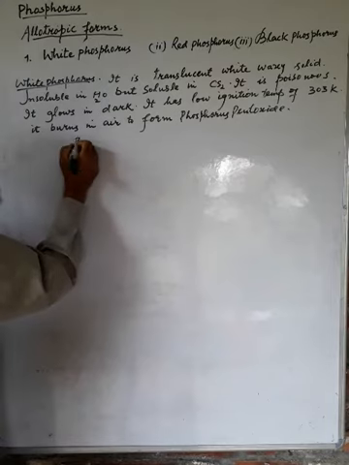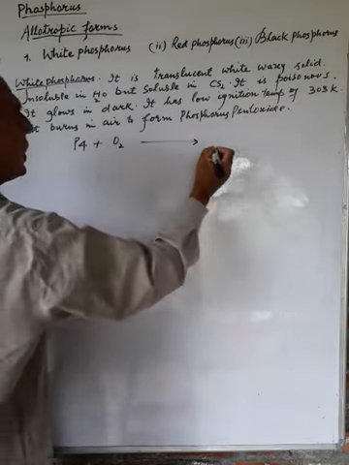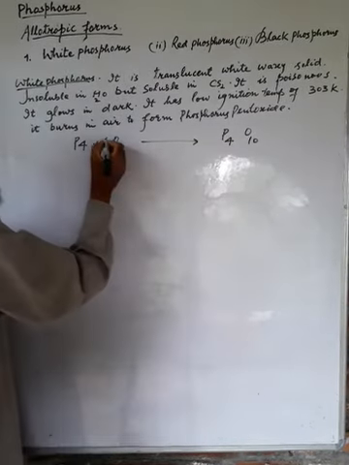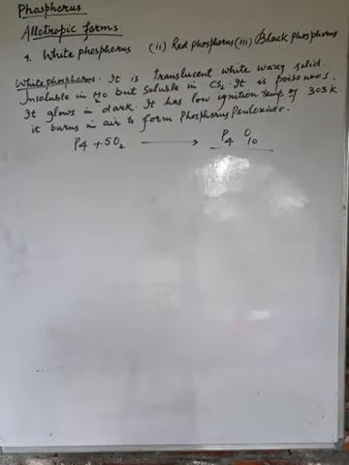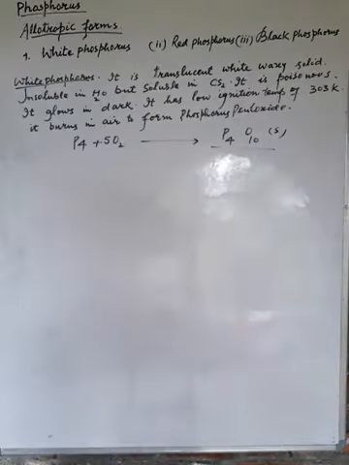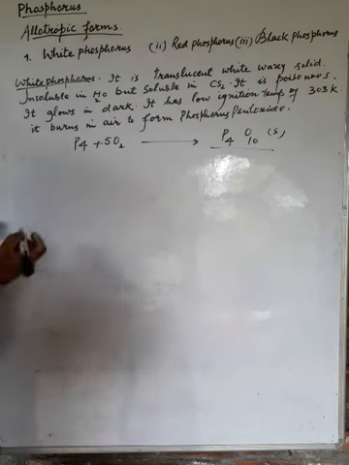So P4 plus O2 forms P4O10. This is 5 times this phosphorus pentoxide. Actually the formula of phosphorus pentoxide is P2O5, but here it forms the dimer as P4O10.